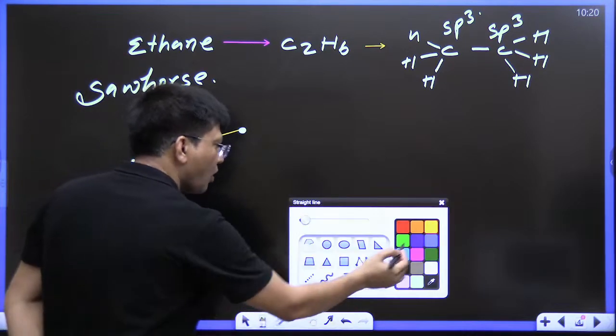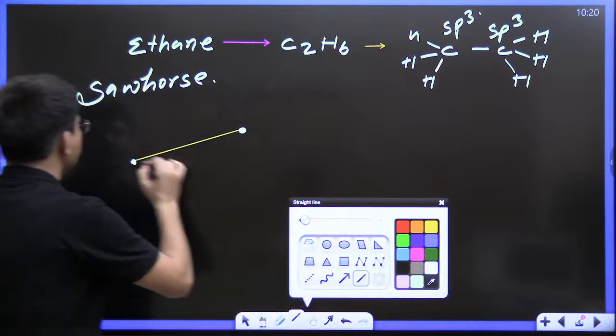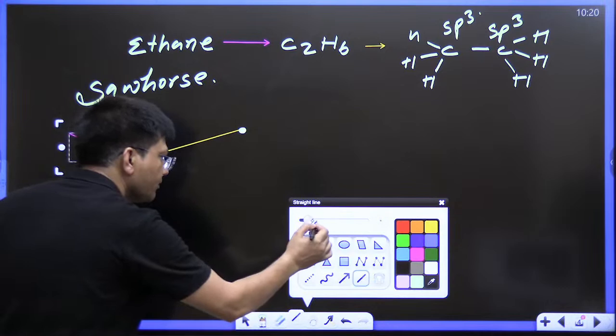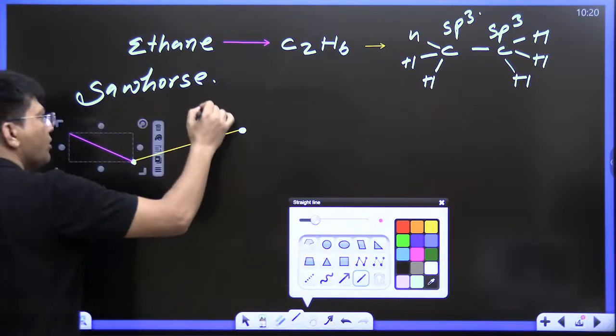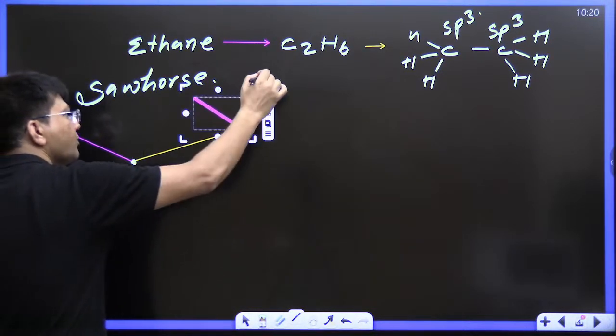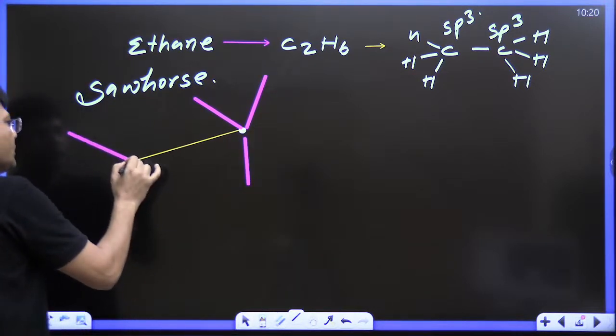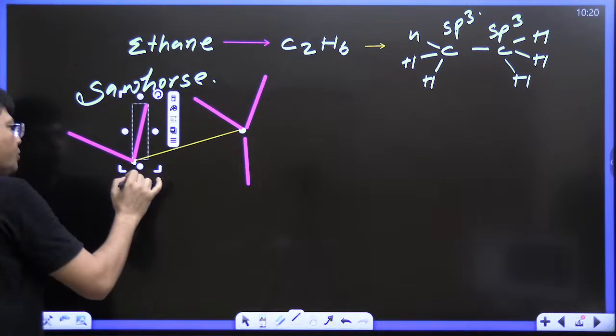Now, what Sawhorse did, he said, just draw Y. Can you see this Y and this Y?